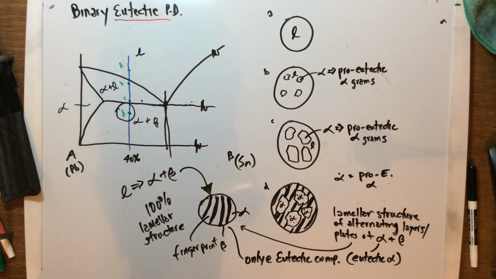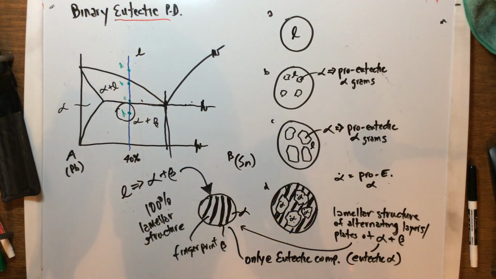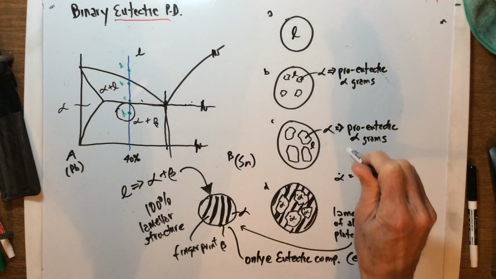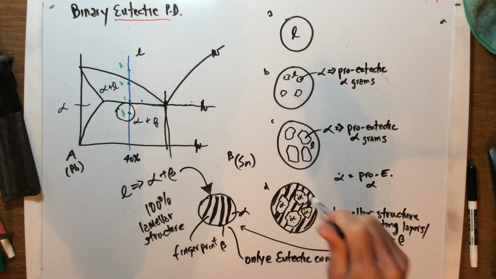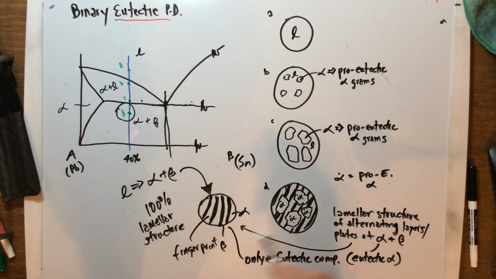What I want to do is come back here in a little bit, if not today, tomorrow, and work out some problems, trying to find out how much pro-eutectic grains do we have here, how much eutectic grains are there, and how much of the beta is actually present. In other words, the relative amounts of those. So we need to go through that procedure, methodology, and we'll do so either later today or tomorrow.